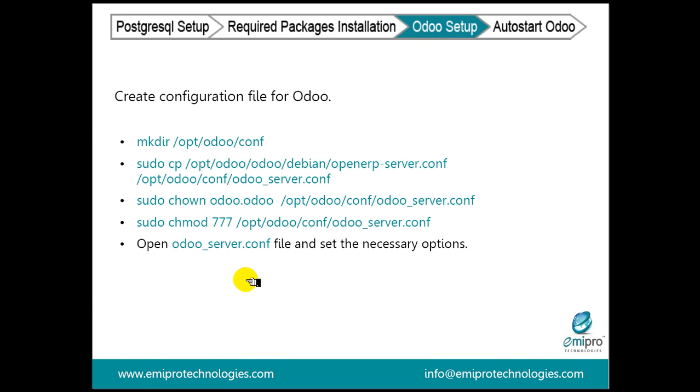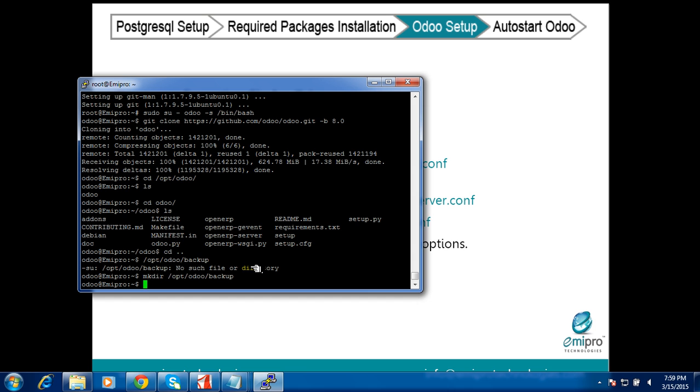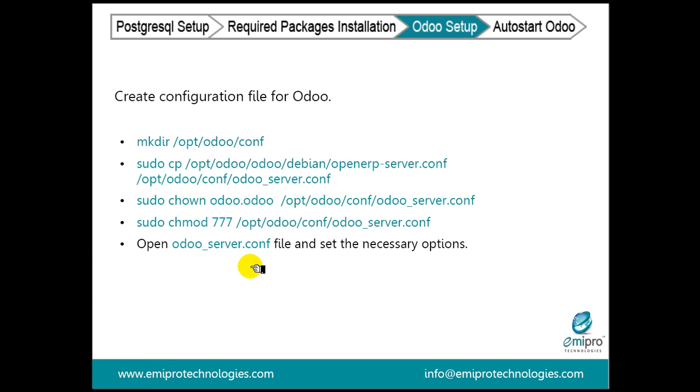Now let us create the configuration file for Odoo. For that we need to create one folder inside the opt Odoo folder. That will be conf.